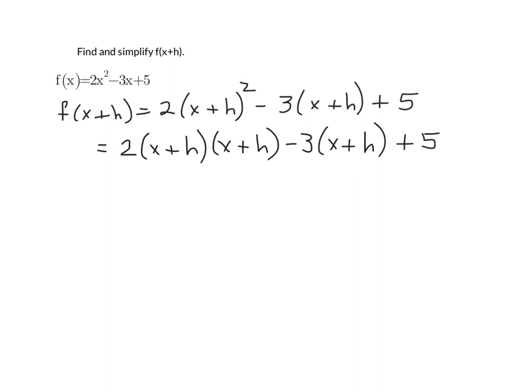So then we need to multiply x times x, x times h, h times x, and h times h in order to use the FOIL process to multiply those two sets of parentheses together.